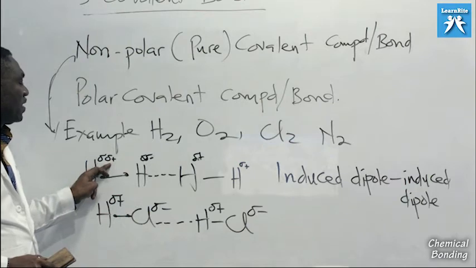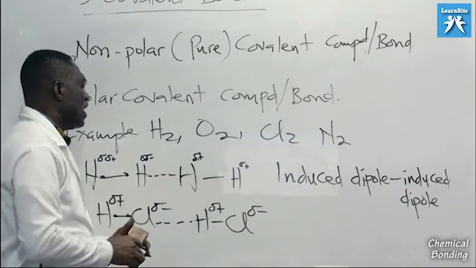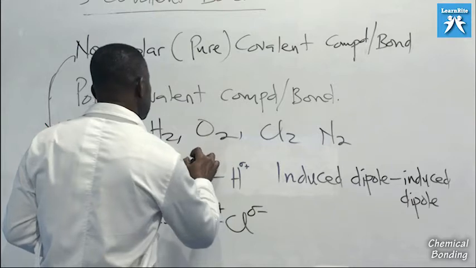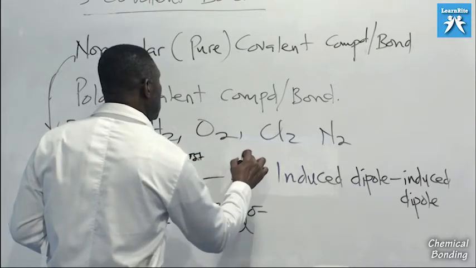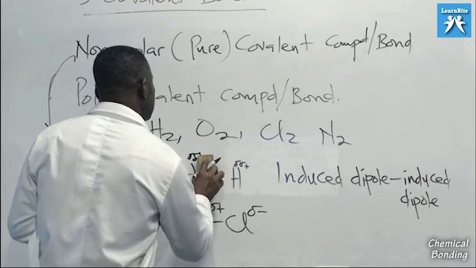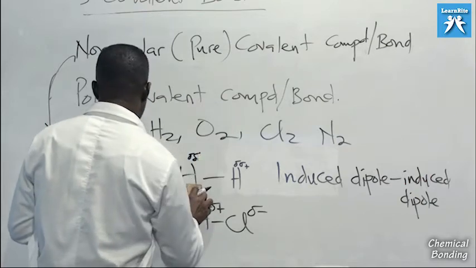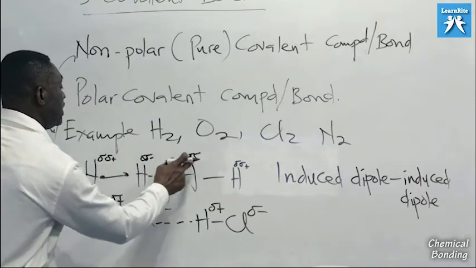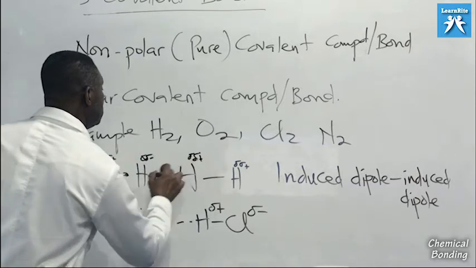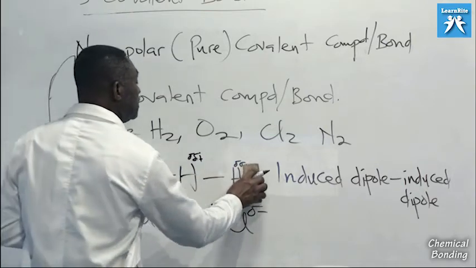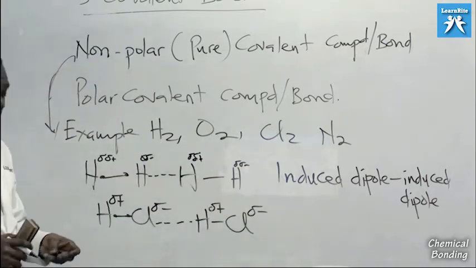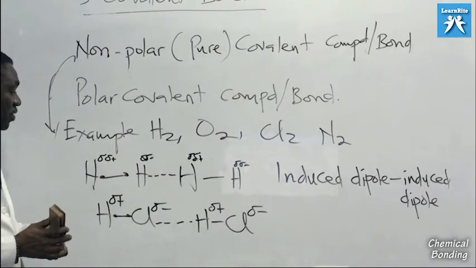When we come here, this will also be polarized in the same way. Very small negative, positive. This will attract this one by positive, so positive here, and this will be negative, so that they can attract each other by that very weak electrostatic force called Van der Waals forces.